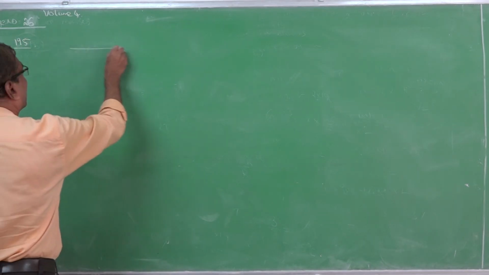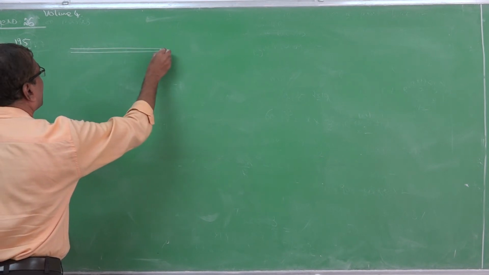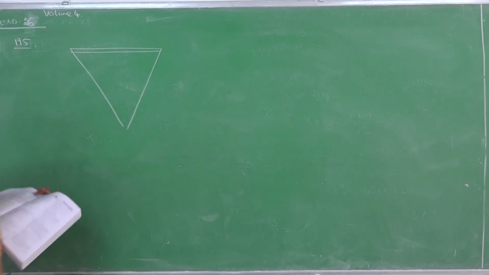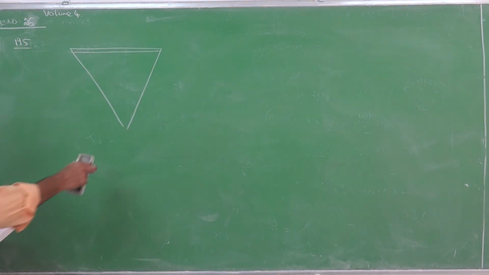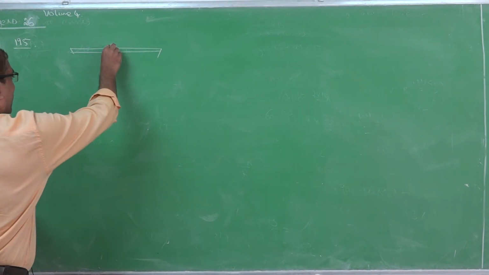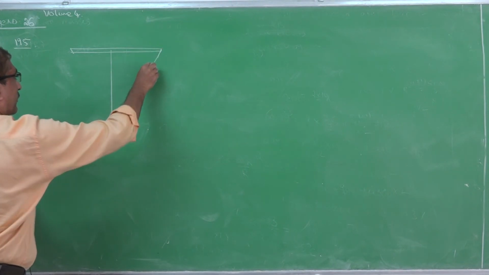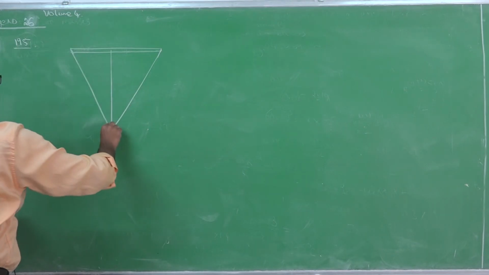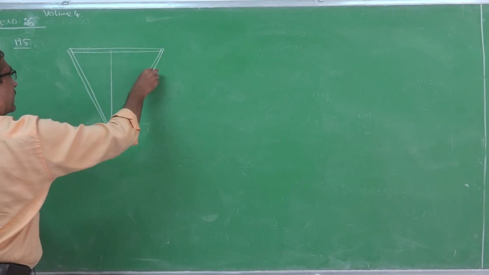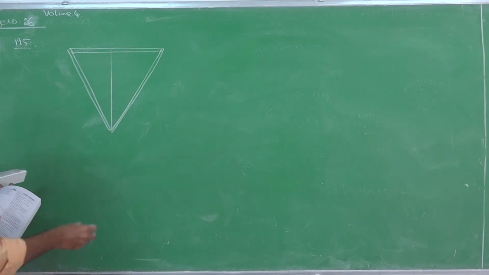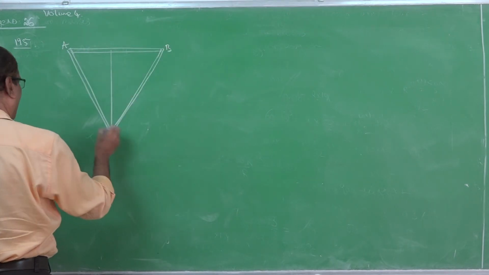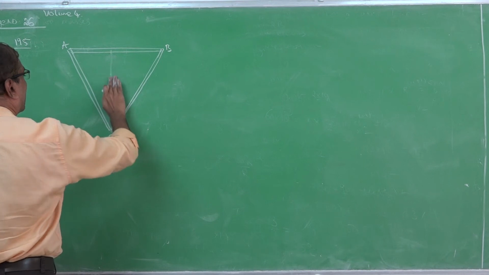So an equilateral triangle is formed like this, and given the names A, B, C, and D is placed at a particular point.